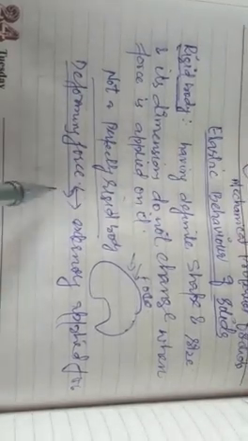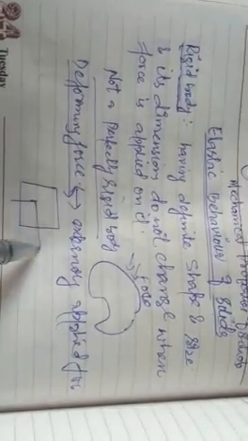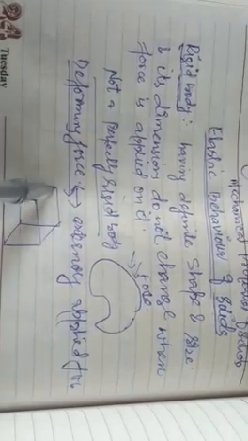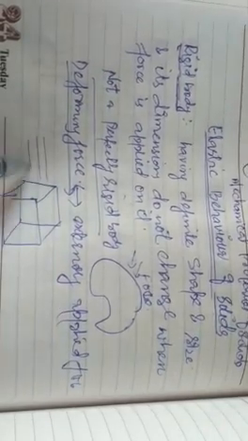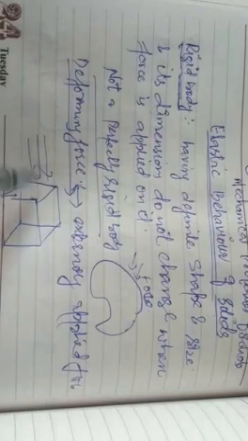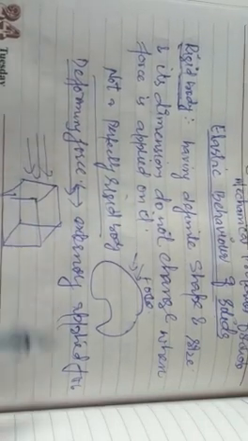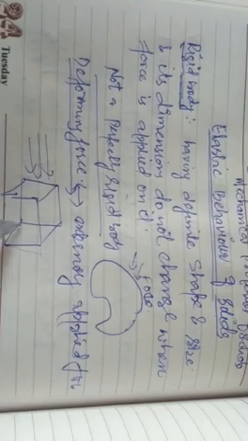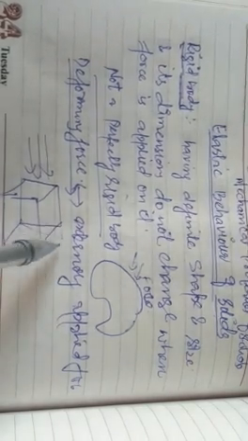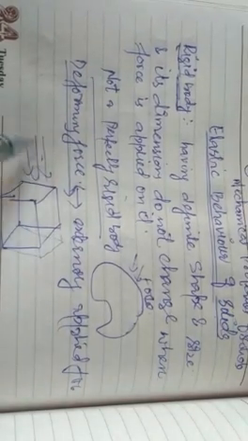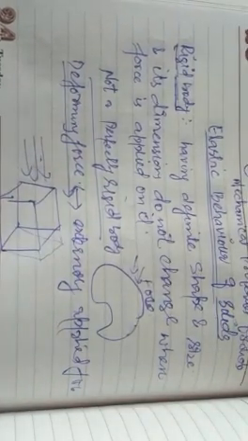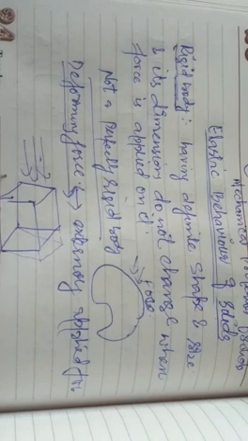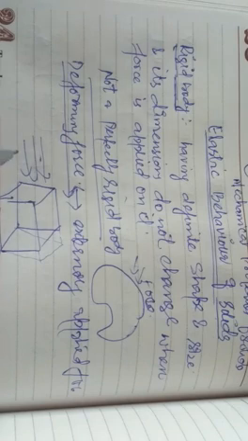If we have this body and we apply force in this direction, this externally applied deforming force makes this side move like this. Once the deforming force is removed, the body will come back to its original configuration.